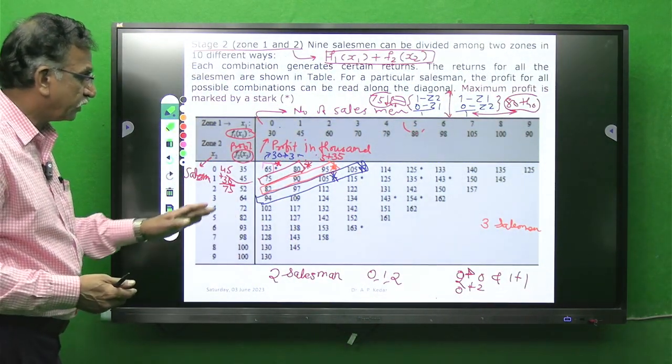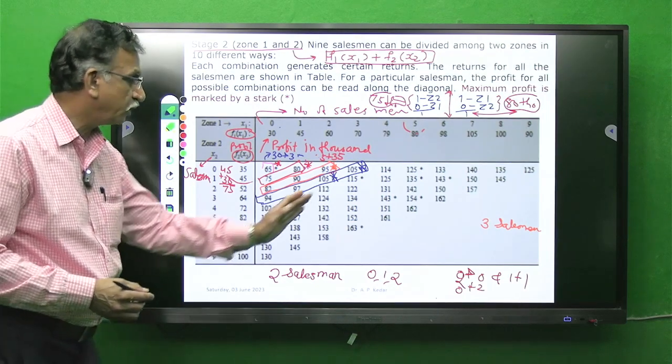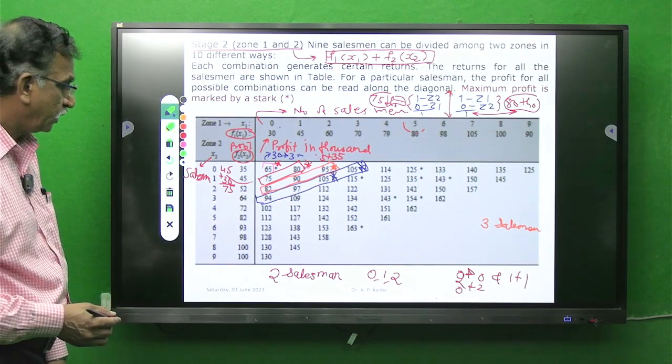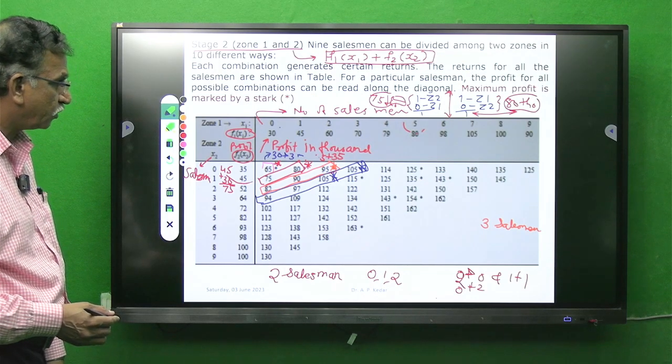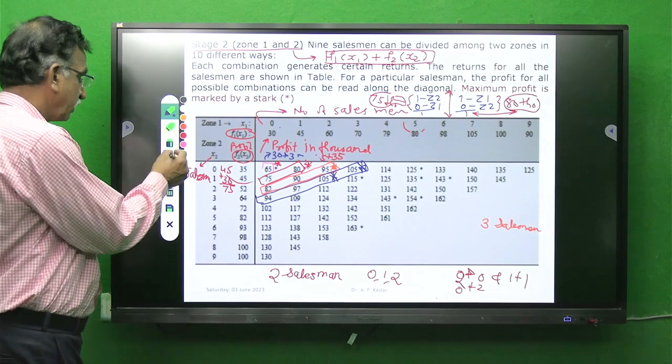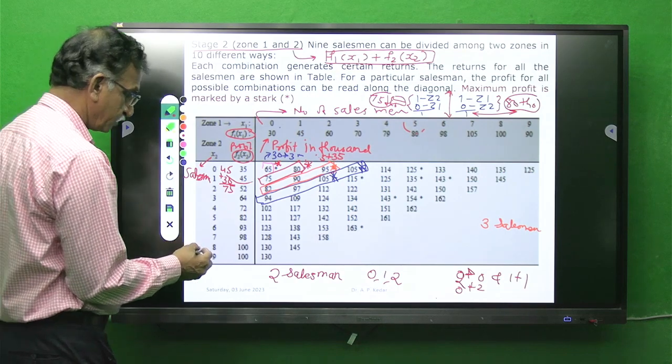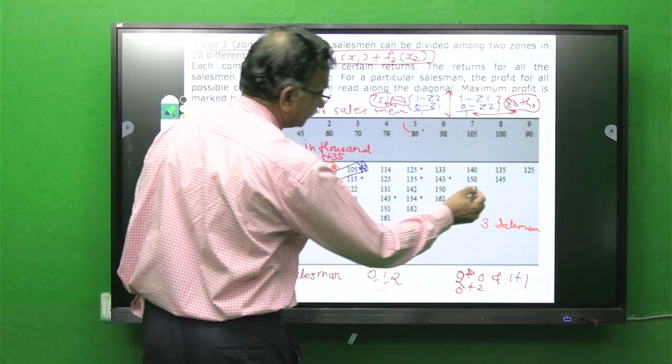Now likewise we calculate for all combinations, and the values for 9 combinations are obtained like this, and the last value, which you can see, is diagonal.